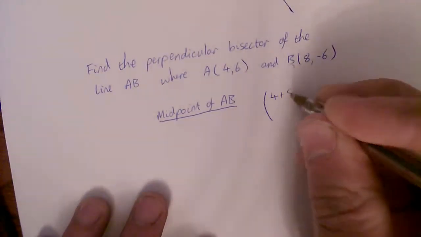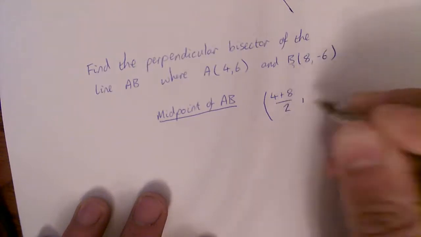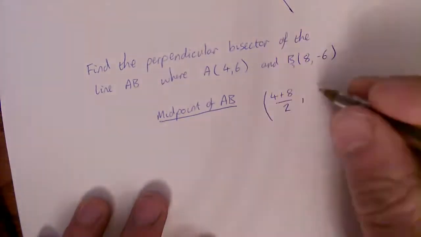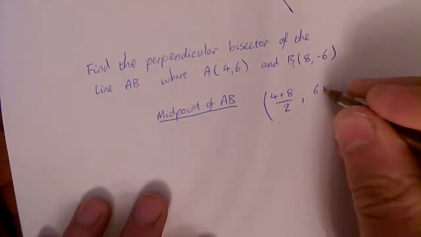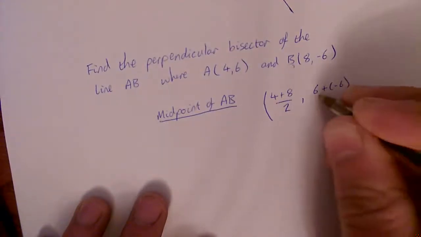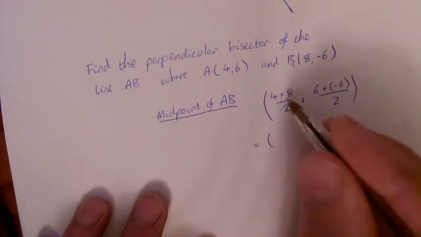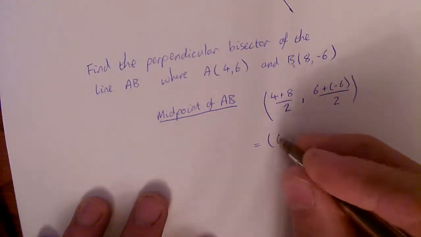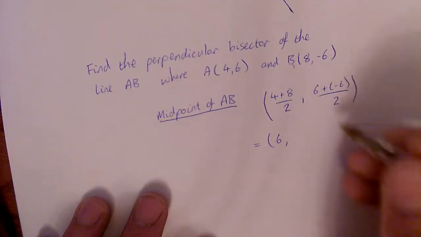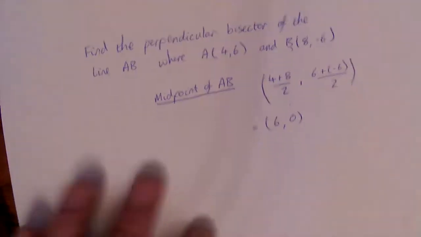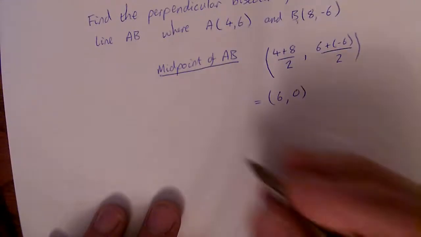So (4 + 8)/2 is my mean of the x coordinates. My mean of the y coordinates is (6 + -6)/2. So that midpoint, 4 plus 8 is 12, divided by 2 is 6. 6 add -6 is 0, divide that by 2 is still 0. So my midpoint is (6, 0).